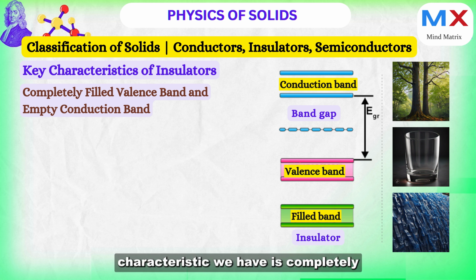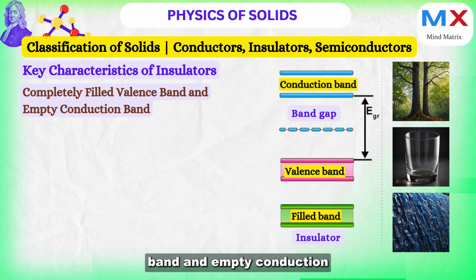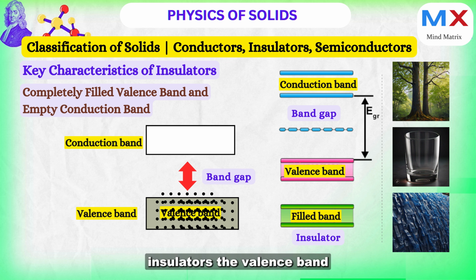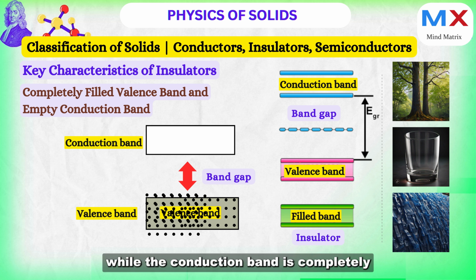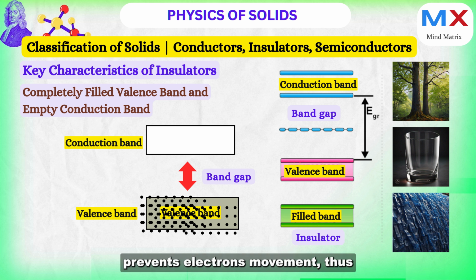The next characteristic we have is completely filled valence band and empty conduction band. In insulators, the valence band is completely filled with electrons, while the conduction band is completely empty. This configuration prevents electron movement, thus inhibiting conduction.